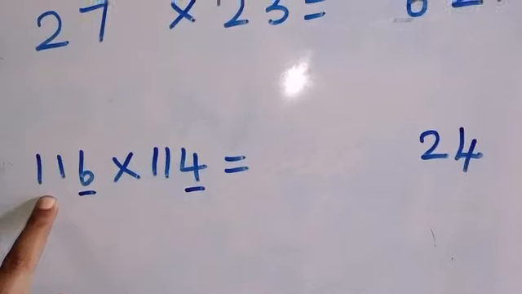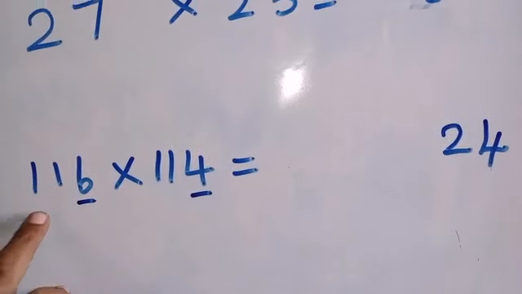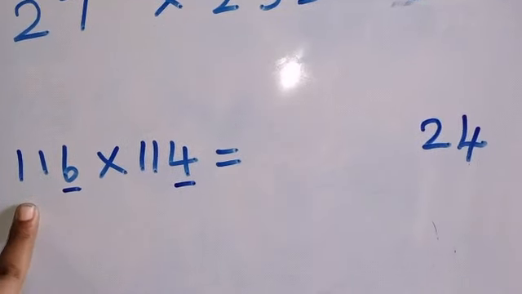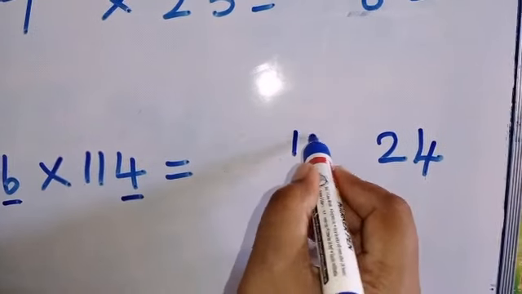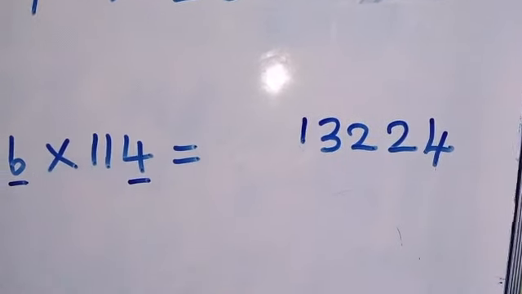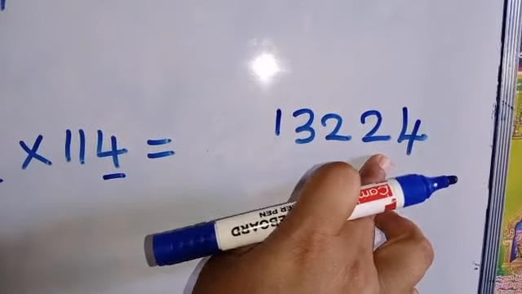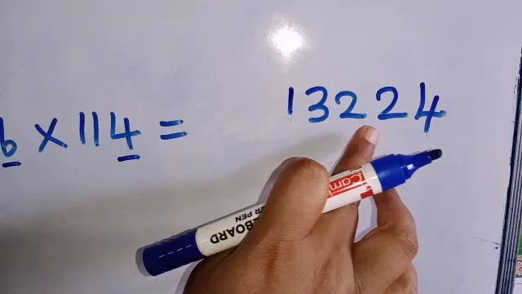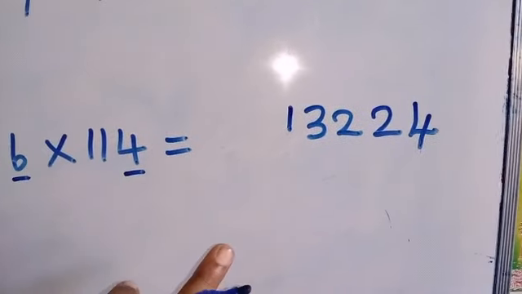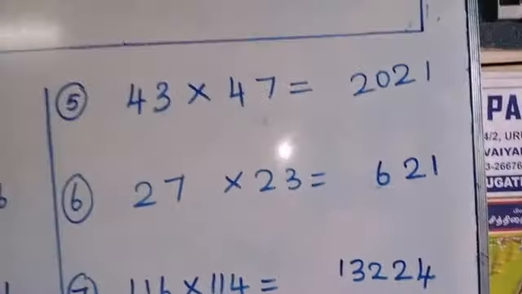Here 11 after 12: 11 into 12 will become 132. The answer is 13,224. That's it. It's a very simple method.